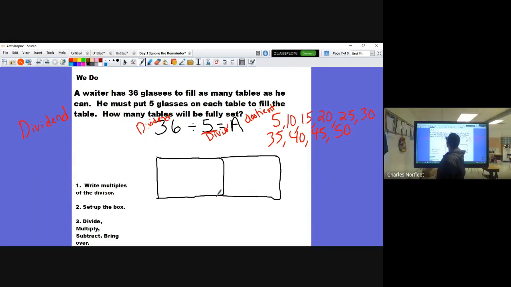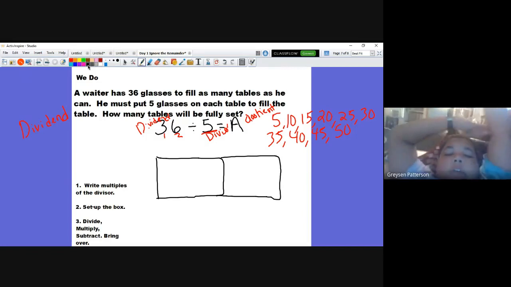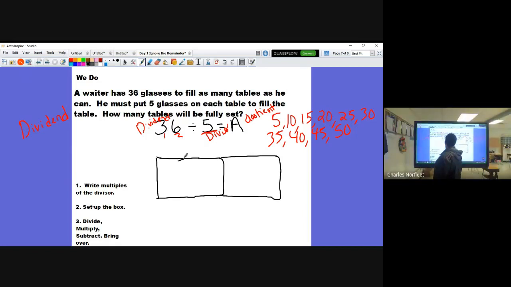So Grayson said that if we look at this dividend, it has 2 digits. So that lets us know that we need to draw 2 boxes. And Grayson, where does our dividend go? The dividend goes inside the box. Good job. And the divisor goes where, Grayson? On the outside. On the outside, my man.